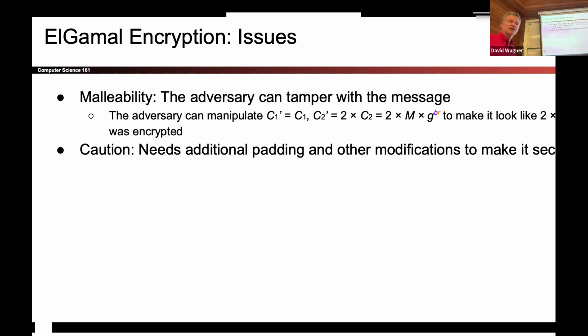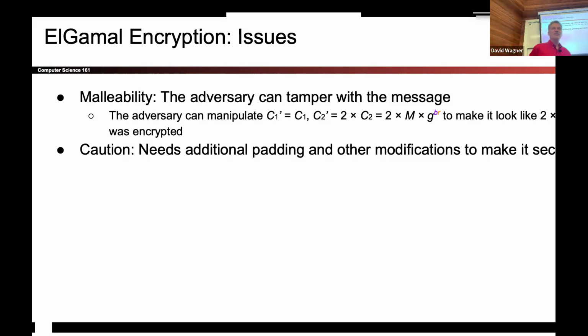Alice sends C1 and C2. If Mallory keeps C1 the same but multiplies C2 by a factor of 2, doubles C2, then when Bob goes to decrypt, instead of getting back the message M, Bob will get back the message 2M.